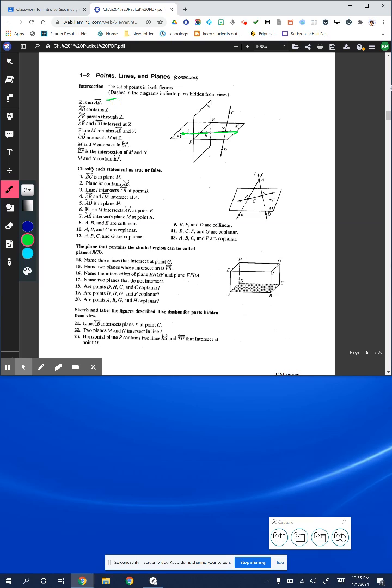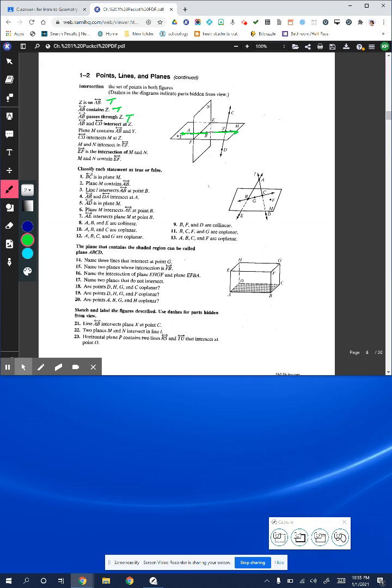So that's going to be true. Line AB contains point Z. Here's line AB, and yes, Z is on that point, so that would be true. AB passes through point Z. It does. It keeps on going forever and ever because it's a line.